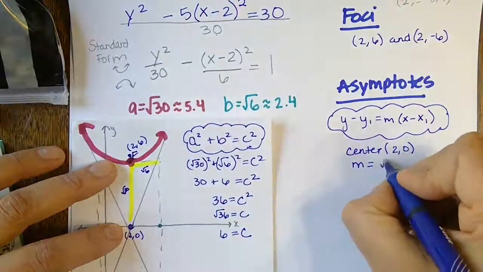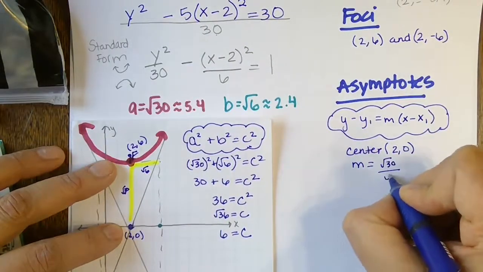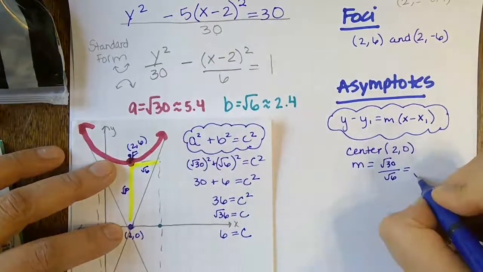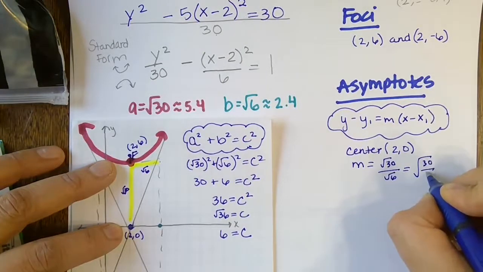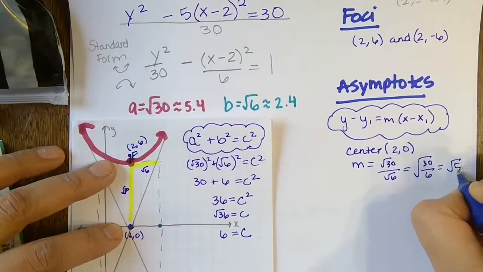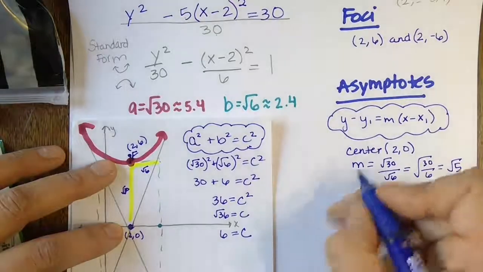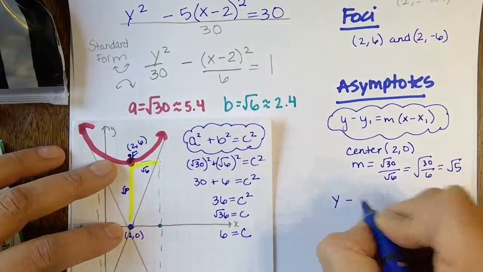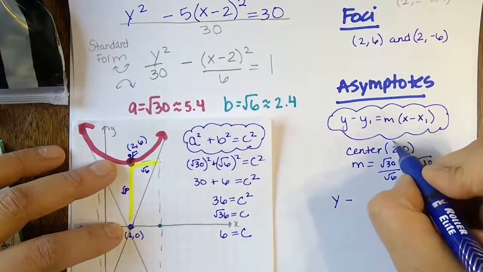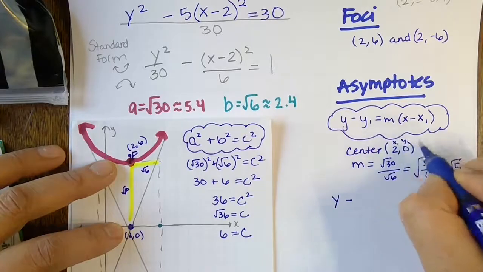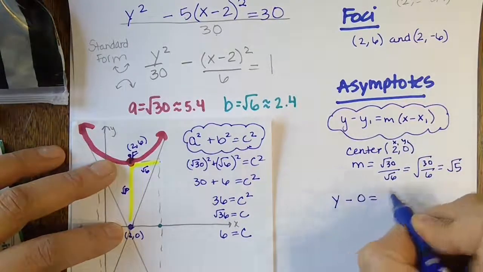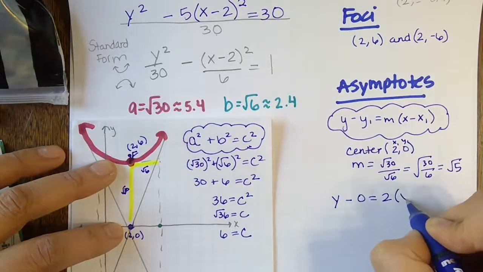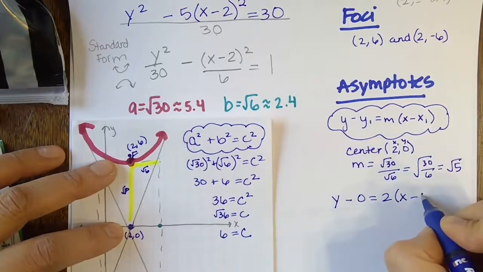So your slope is square root of 30 over square root of 6. Property says that you can actually combine those, square root of 30 over 6, which is just square root of 5.